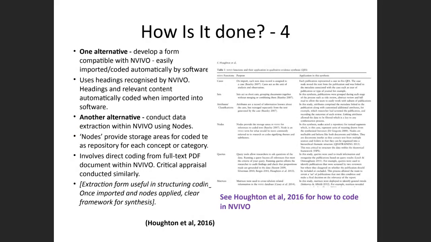One is to spend more time developing the form, so that it's compatible with NVivo and uses the headings and assigned features that NVivo has, rather than developing the data extraction form separately in Word. And in that way, there is consistency between the form they've designed and the functionality of NVivo.